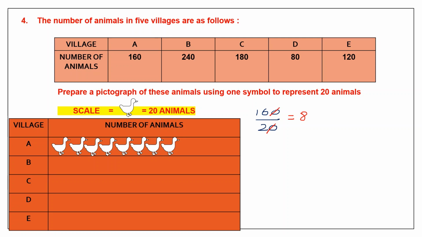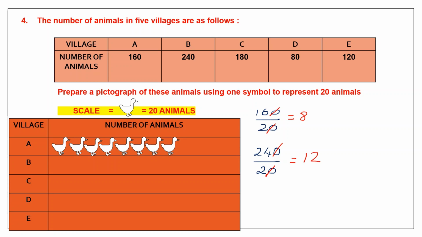Now look at village B. So village B has 240 animals. We can't draw 240. So we're going to use the scale. Okay, in the scale 20 animals can be shown with the help of drawing just one animal. Let's cancel. Now 24 divided by 2. 2 12s are 24.